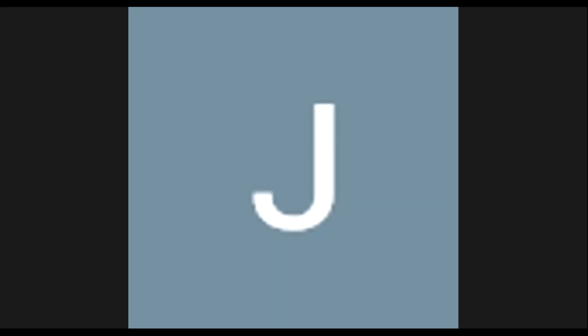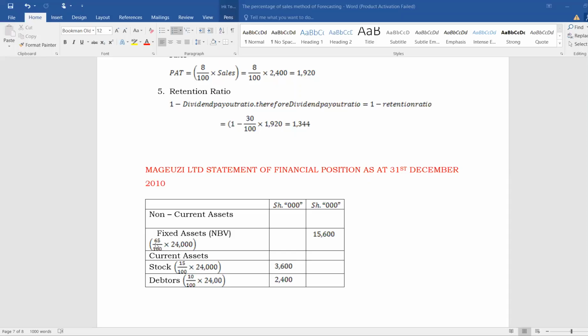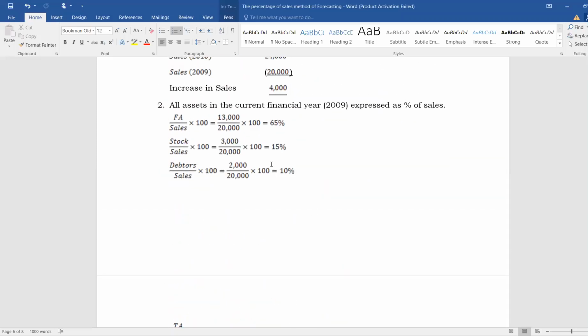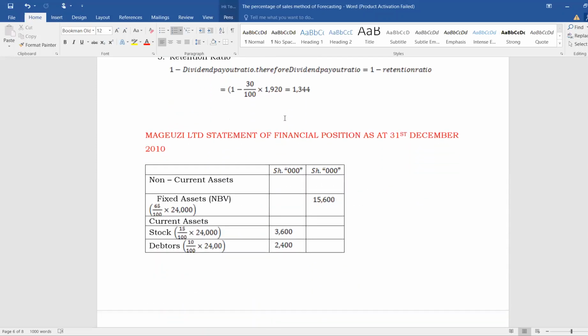That's one of the reasons why it's good to have those percentages. So for fixed assets, the percentage we got was 65% times total sales for the year 2010. Does it give us 15.6 million?